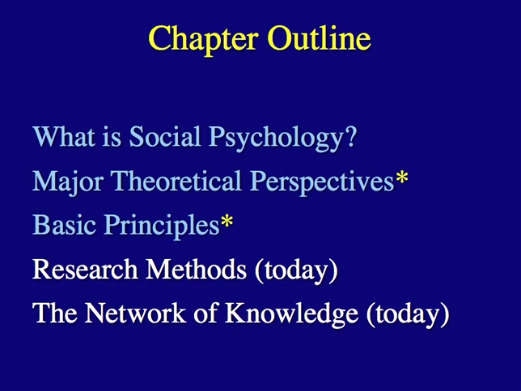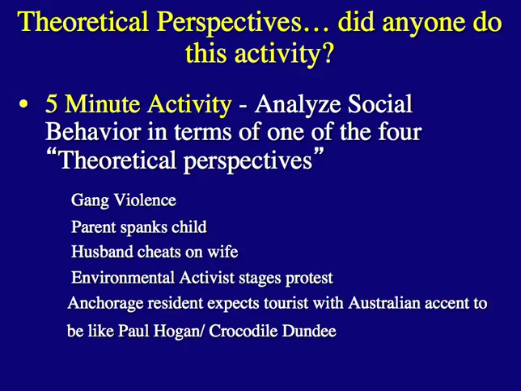At the end of the first lecture, I encouraged people to apply those theoretical perspectives that we reviewed to particular research topics, such as gang violence, a husband cheating on a wife, a person having expectations about a person with an accent.